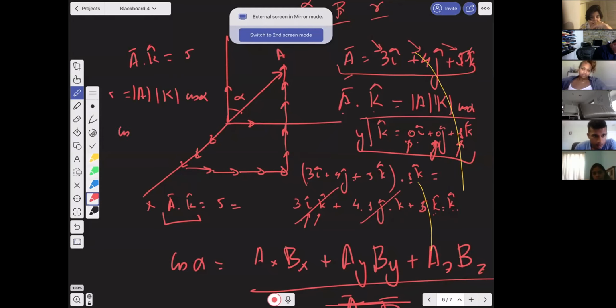So cosine of alpha has to be 5 divided by the magnitude of A, the square root of 3 squared plus 4 squared plus 5 squared, by the magnitude of k, which is 1. This is the cosine of alpha. Found it. Okay?